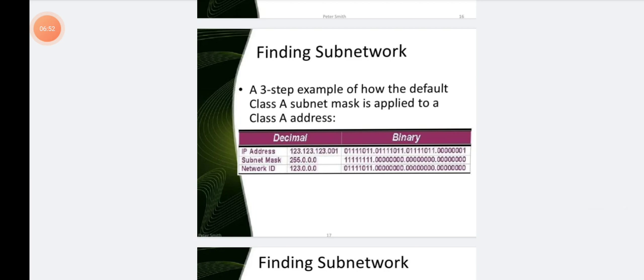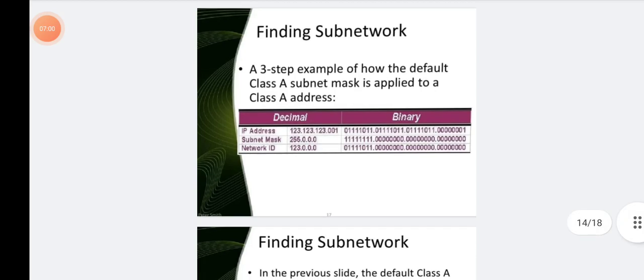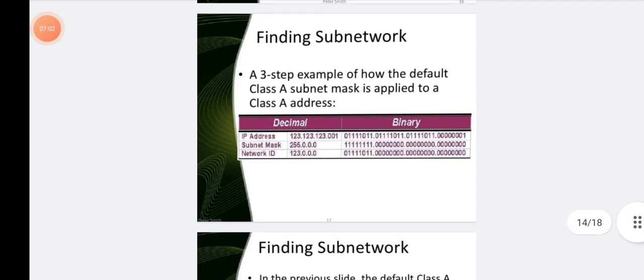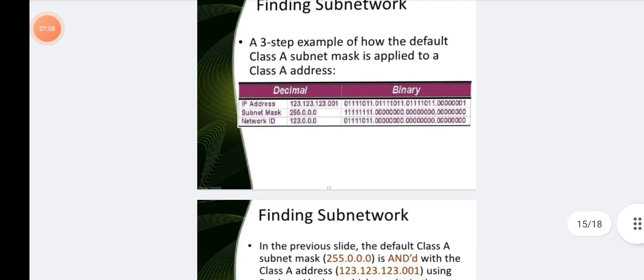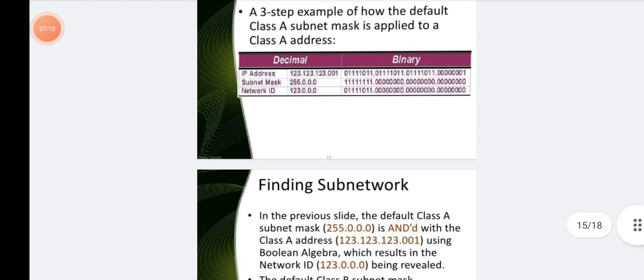The subnet mask is 255.0.0.0, which in binary is 11111111.00000000.00000000.00000000, and the network ID is 123.0.0.0, and the binary code is as given in the table.